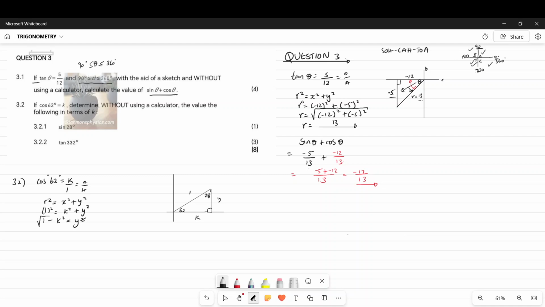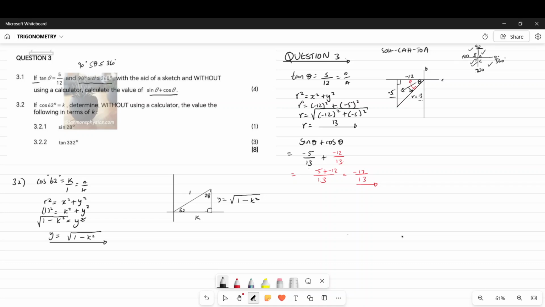So now square root that. Y will be equal to square root 1 minus k squared as our final answer. This is now going to be our final answer, right? So now y is equal to square root 1 minus k squared.